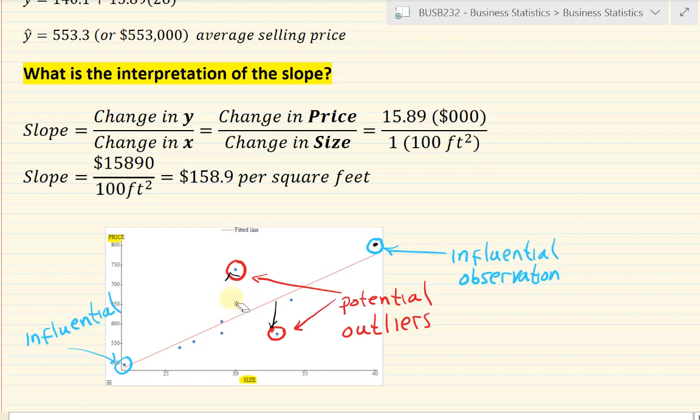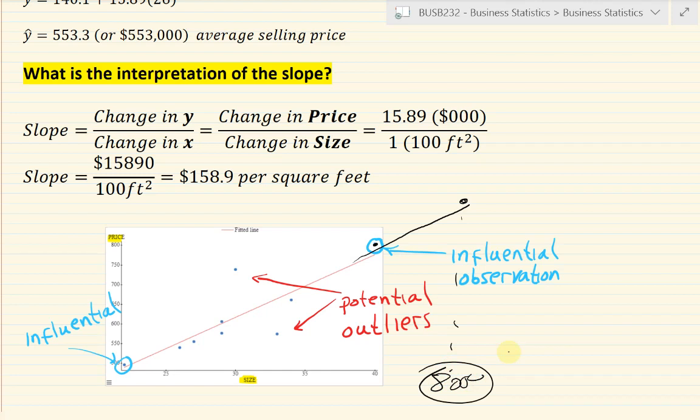So what do we do with these, right? Well, you don't do anything with the influential observations, unless something really strange happens. Look what I'm going to do with this one. Suppose I have an observation here that is a home that is 8,000 square feet. Well, that's kind of an unusual home in that neighborhood, right? So if we want, we can actually remove this one.